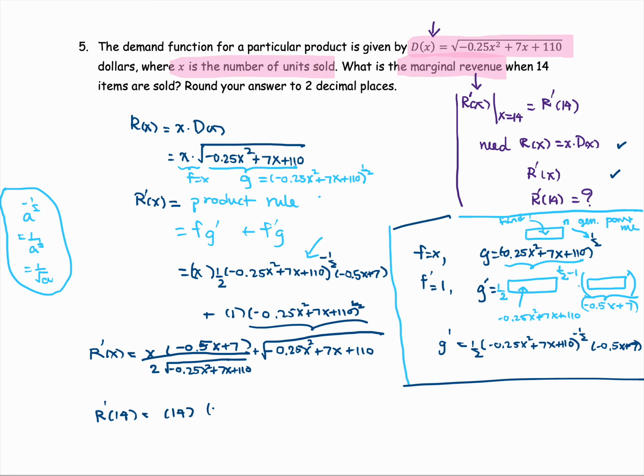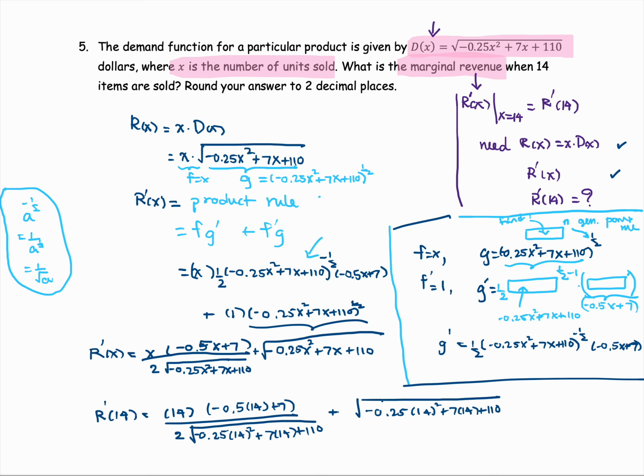So 14 times negative 0.5 times 14, and then plus 7, close the group, all divided by 2 times the radical negative 0.25 quantity 14 squared plus 7 times 14, and then plus 110 all under the square root, and then added by the second term, which is the square root of negative 0.25 times 14 squared plus 7 times 14, and then plus 110 all under the radical or the root.